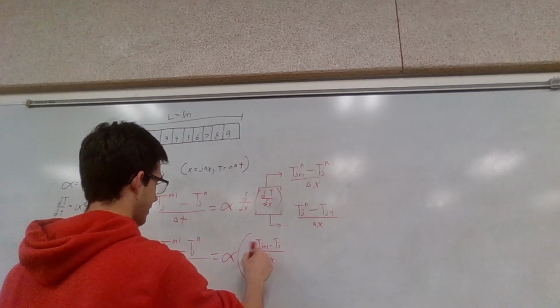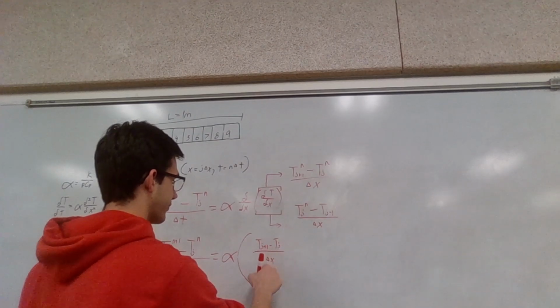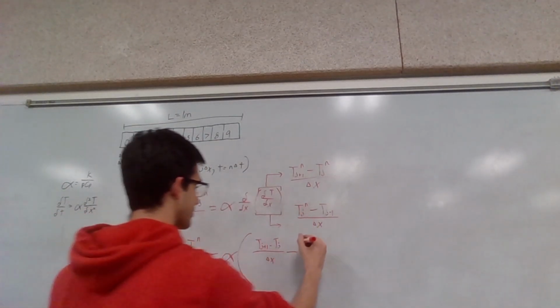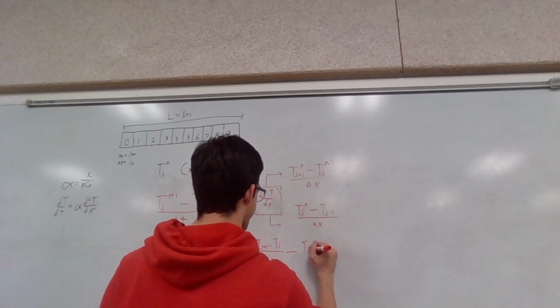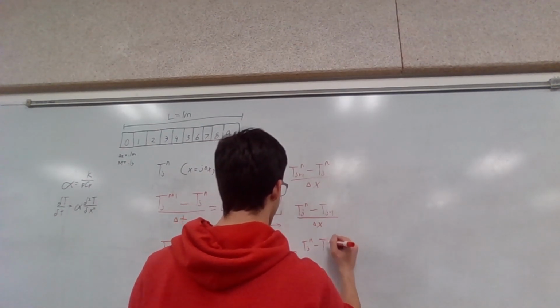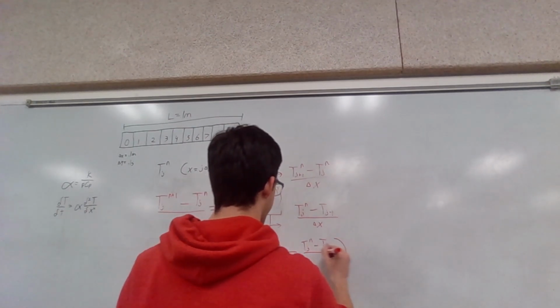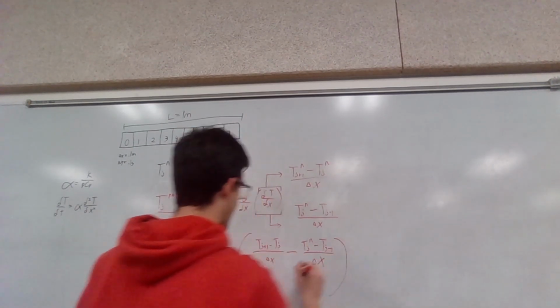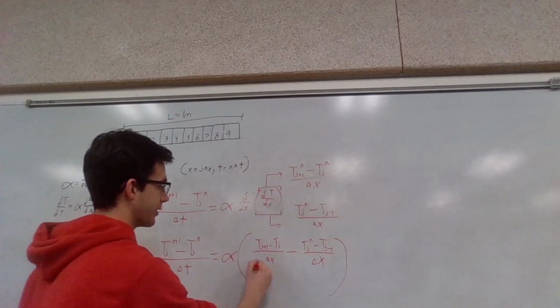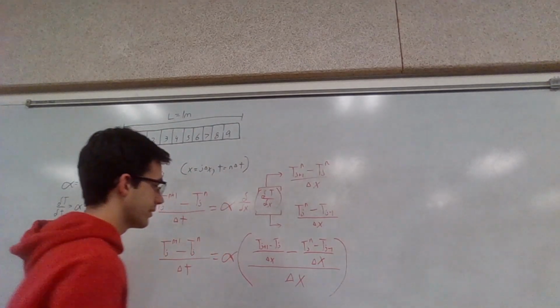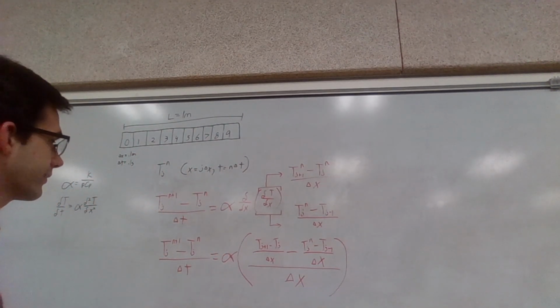Oops, that minus should not be there yet. So this term minus this term over delta x, minus this term here, which is T j n minus T j minus 1 over delta x. And we're setting this whole thing as our numerator, and we're varying that whole thing over x.